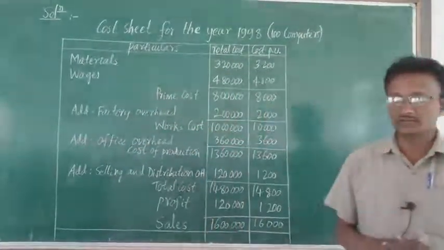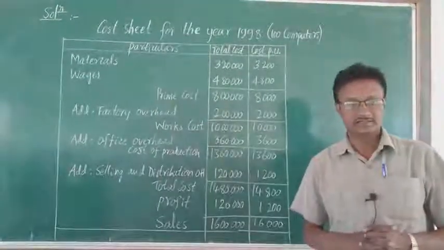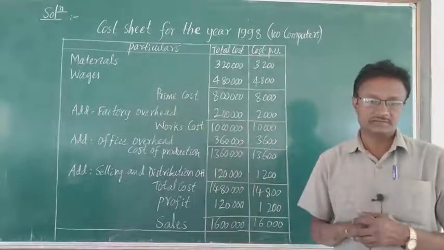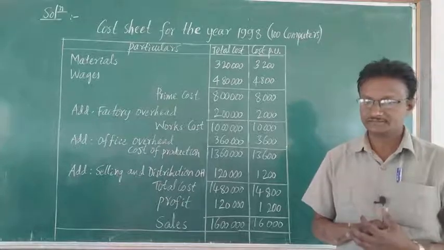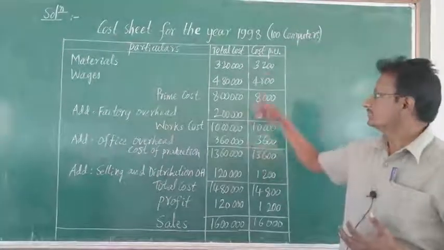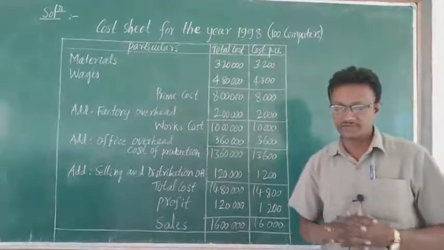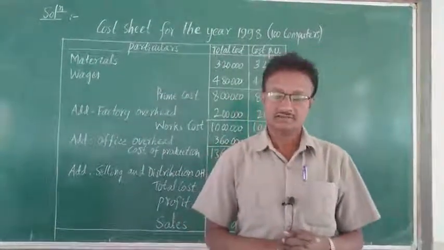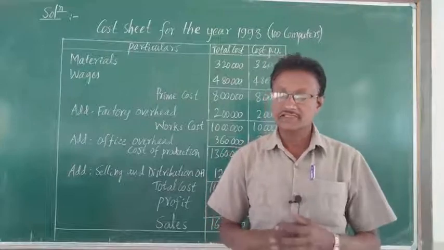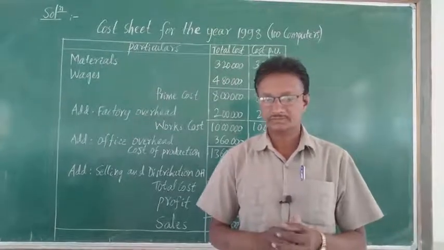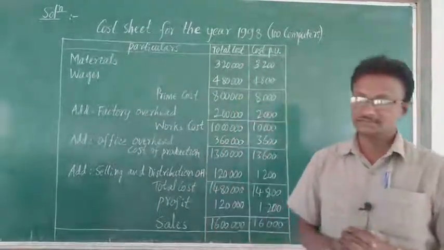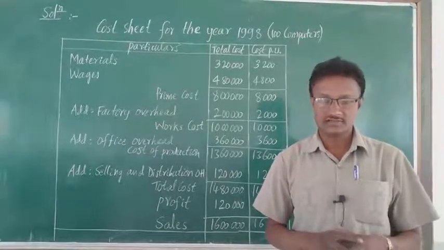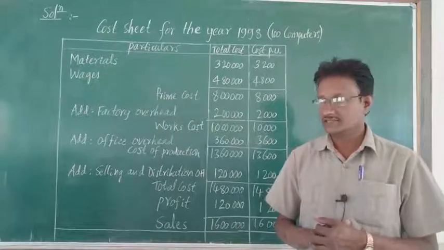For 1999 we have to estimate the total cost or various types of costs on the basis of cost per unit, after taking into consideration the additional information given, because some expenses are going to increase in 1999.